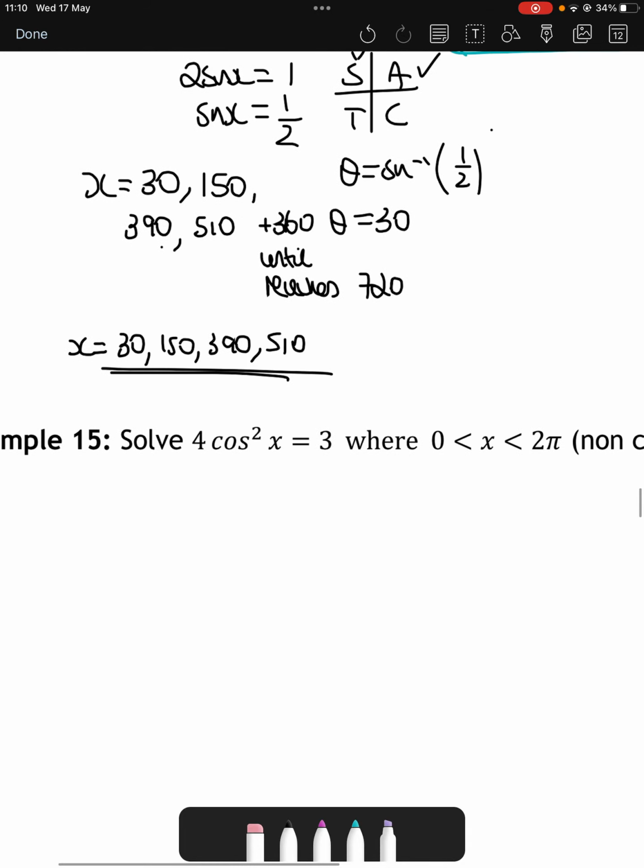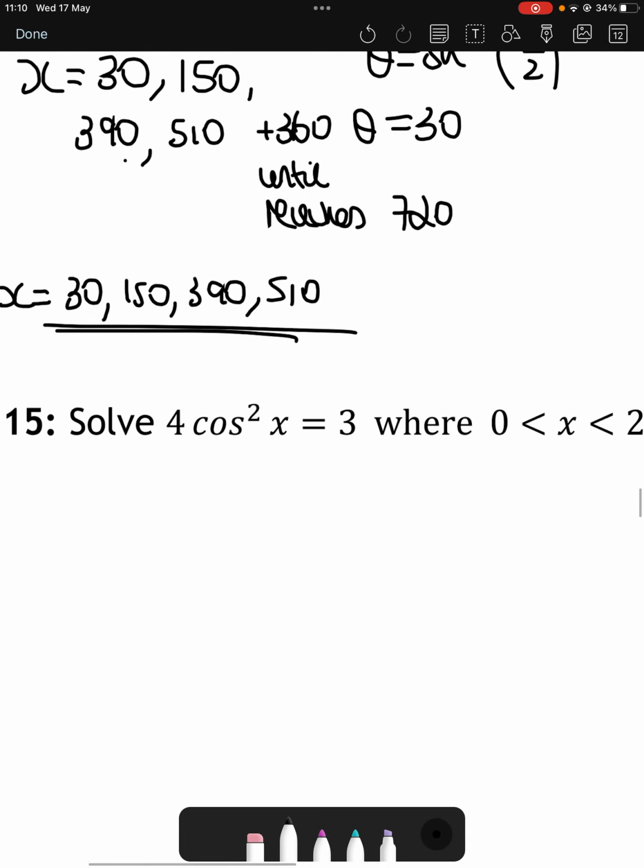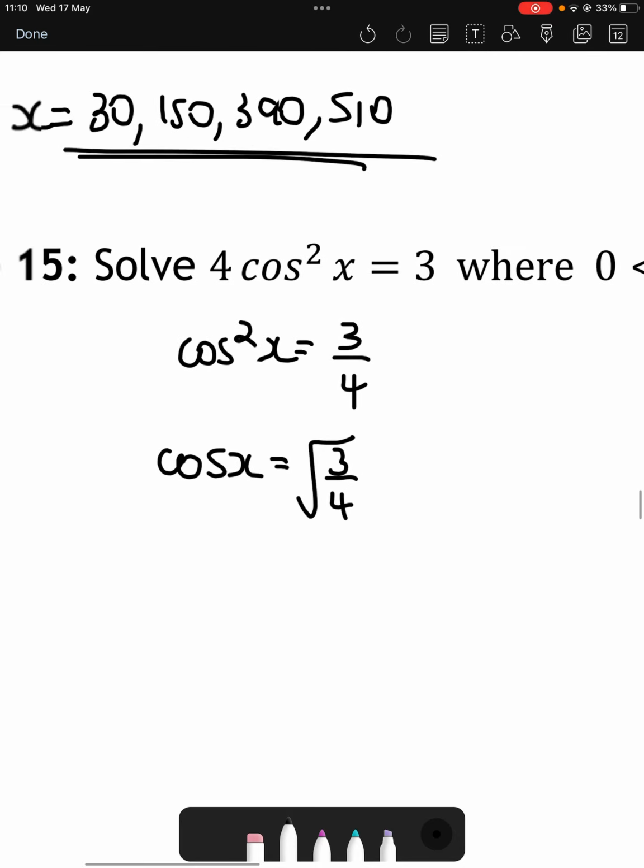Okay, last one, 14. So we're going to rearrange it. You see it's got a squared in here though. Now what's really important is when you square root something, which is what we're going to be doing, what happens? We get two answers.